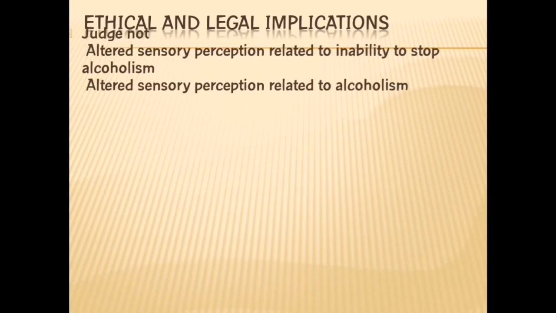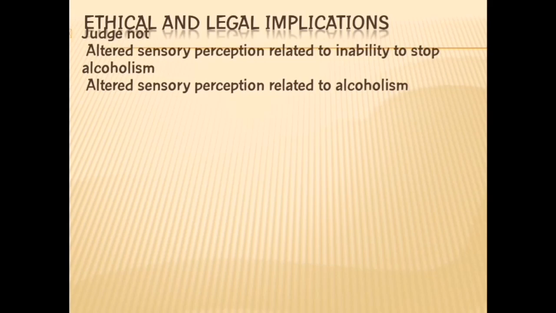So, ethical implications. For instance, we may write altered sensory perception related to inability to stop alcoholism. Someone may also write altered sensory perception related to alcoholism. Which is right? Which is correct?